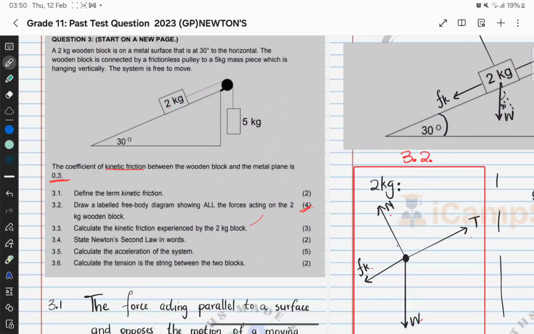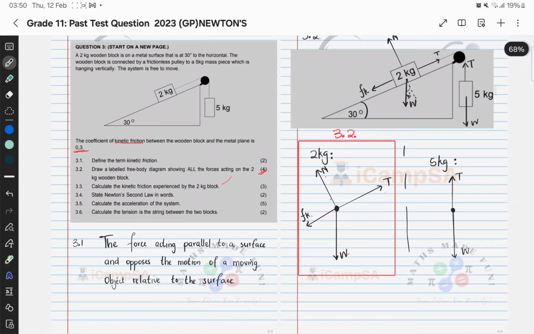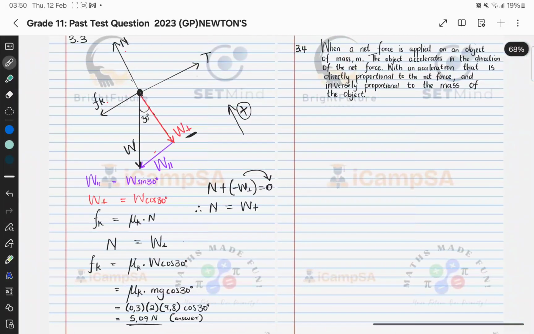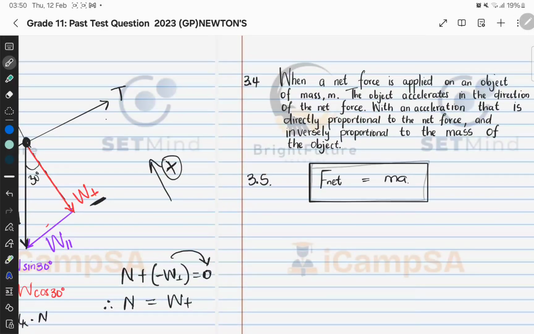So let's go to 3.5. We are now asked to find the acceleration of the system. Whenever we are dealing with Newton's second law, you have F_net, which is the net force. This, by the way, is Newton's second law in symbols or equation form.